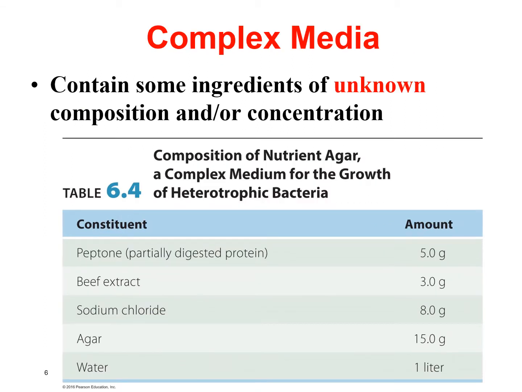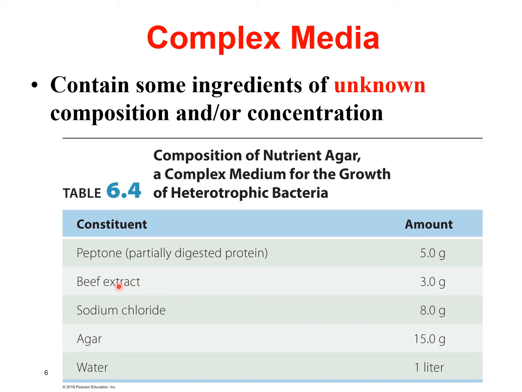And then compare that to complex media. In complex media, there are some components that you're not exactly sure what's in it, or maybe the exact amount may not be known. So for example, in this complex media, we have beef extract. We're not exactly sure what chemicals are in beef extract.